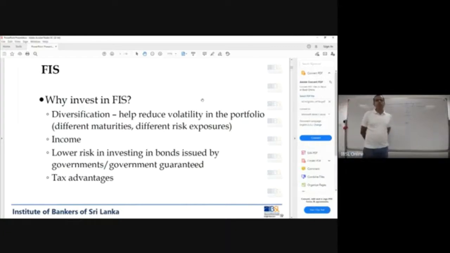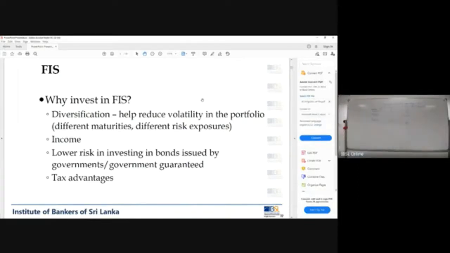So why do you invest in fixed income? To diversify. So you need to diversify, meaning you need to reduce your risk without reducing returns. The only way to do it is to diversify. It helps reduce volatility in the portfolio, different maturities, different risk exposures, then to have stable income streams.